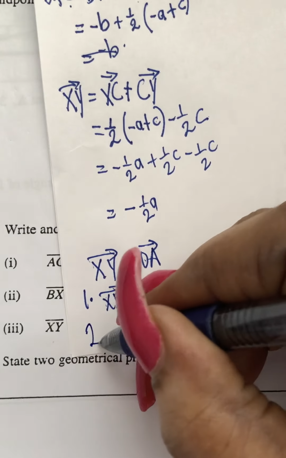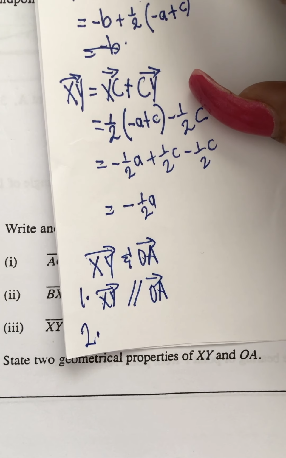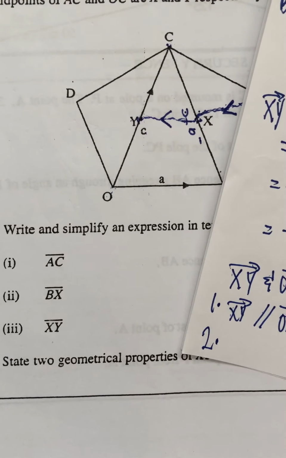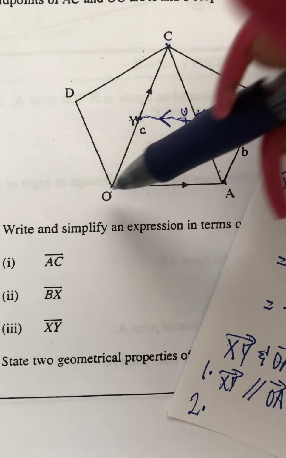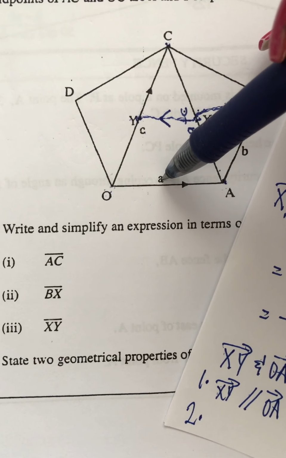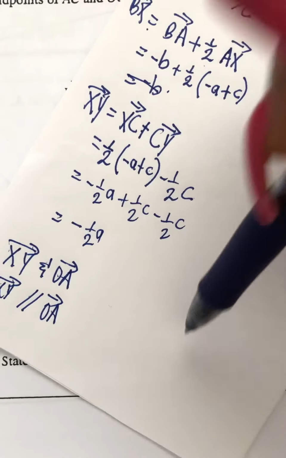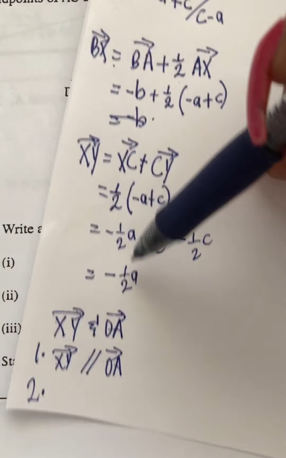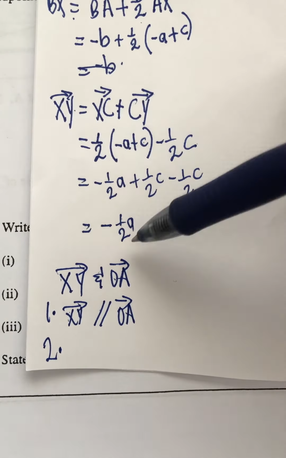Now we need another one. Can you tell me what the other one is? Look carefully. OA is represented by A. XY is represented by minus half A. Notice we did it prior. See our XY right here?